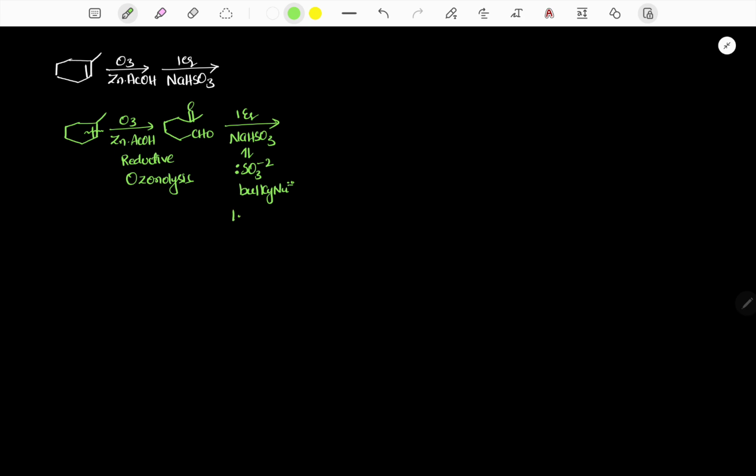According to our syllabus, sodium bisulfite reacts with aldehydes and with methyl ketones. Other ketones don't react because of the steric factor. So mainly we focus on the aldehydes and methyl ketones.